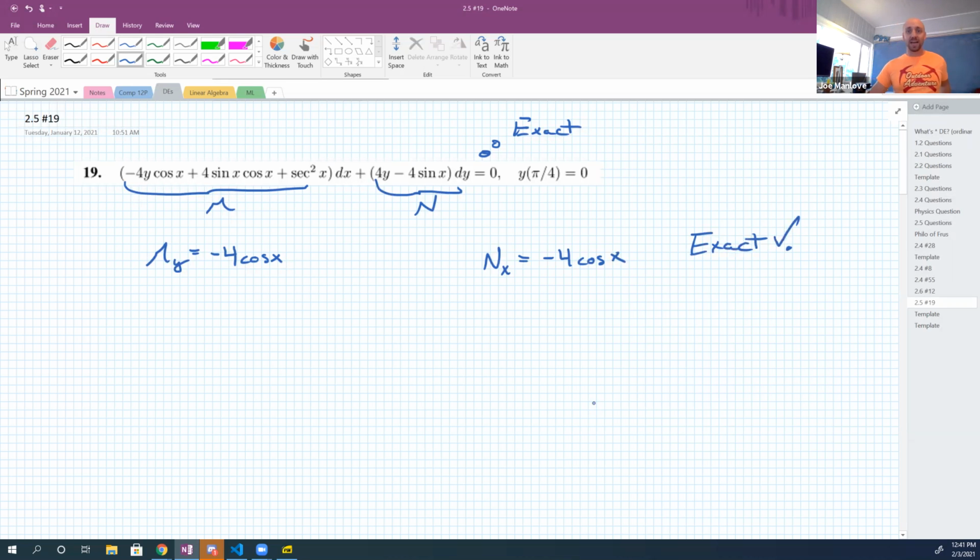That means this is exact, which means what? That you can just go ahead and integrate the factors without any additional coefficient.